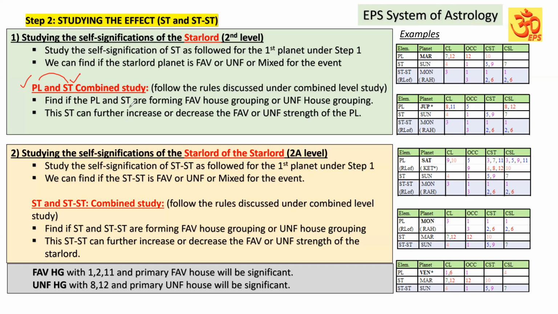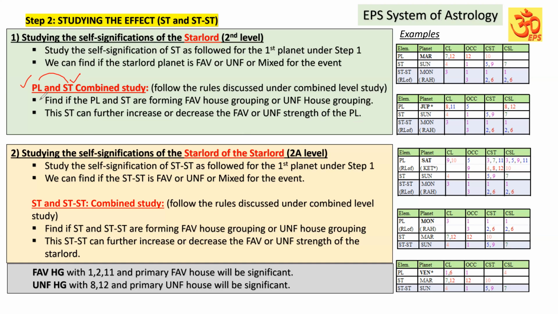Find if the planet and Starlord are forming favorable house grouping or unfavorable house grouping. Whether the Starlord can further increase or decrease the favorable or unfavorable strength of the planet has to be studied.